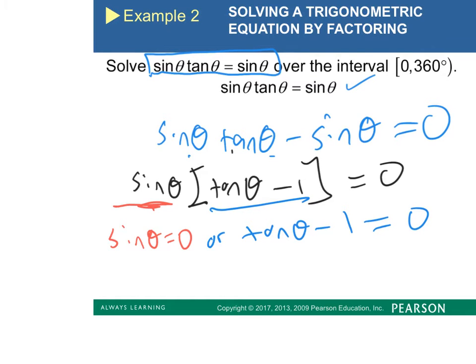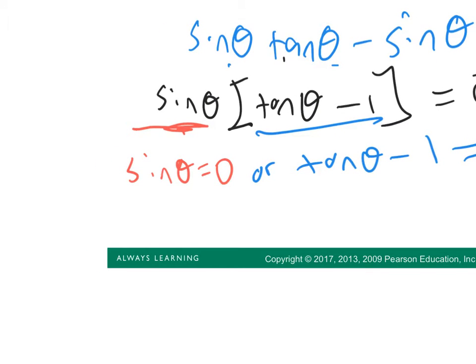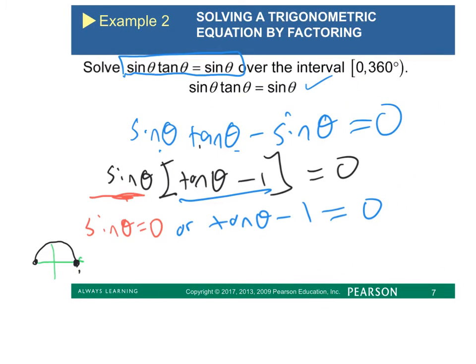Where is sine equal to 0? Well, that's good news. Sine equals 0 can occur two places. Remember, we could have it here, or we could have it here on that unit circle. And what are we doing, radians or degrees? He's doing degrees. Okay.